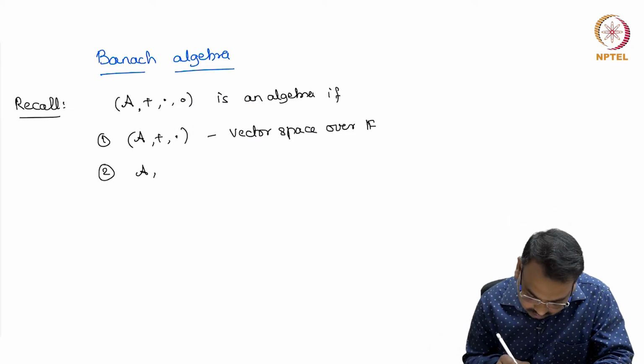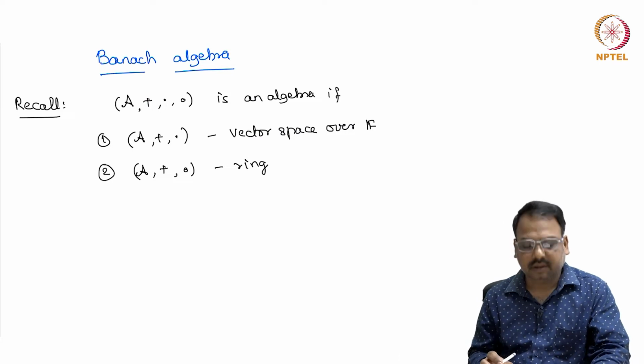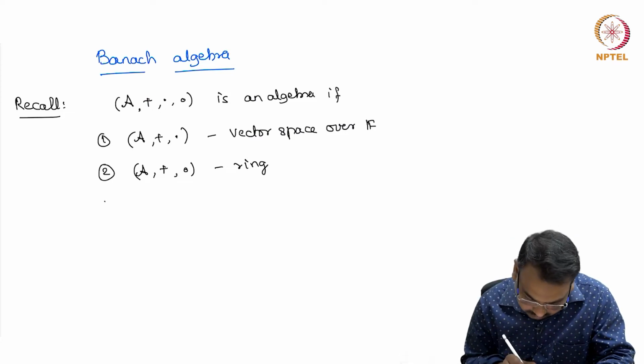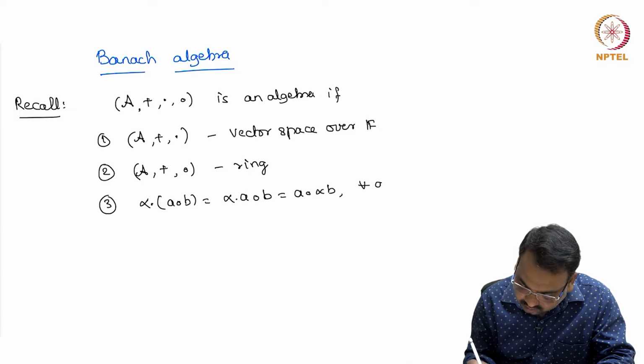And (A, +, ∘) is a ring, and the third condition is α(A ∘ B) = (αA) ∘ B = A ∘ (αB) for every A, B in A and α in the field F.